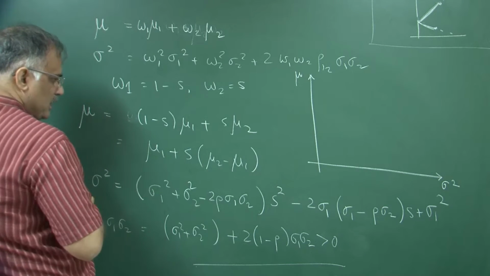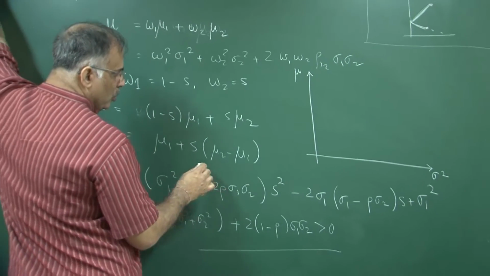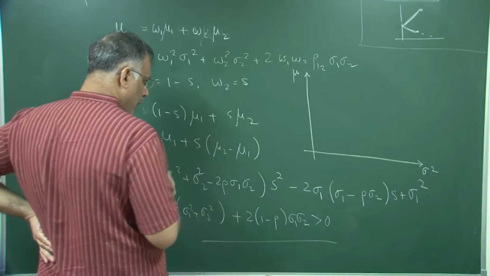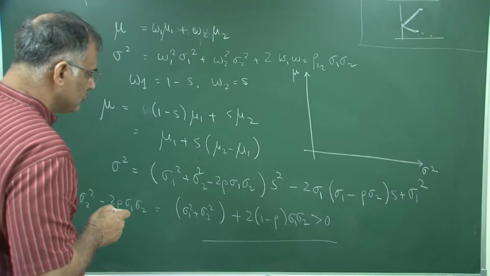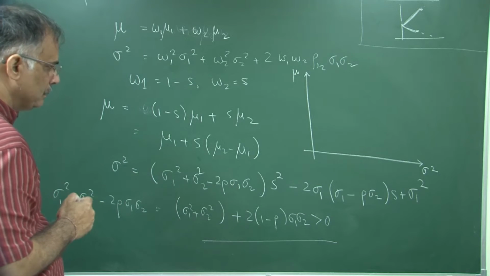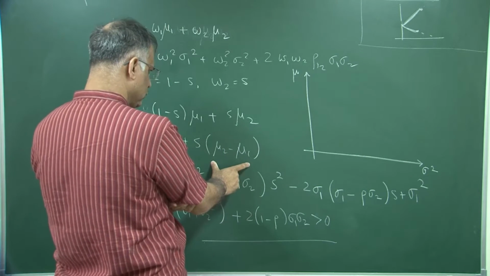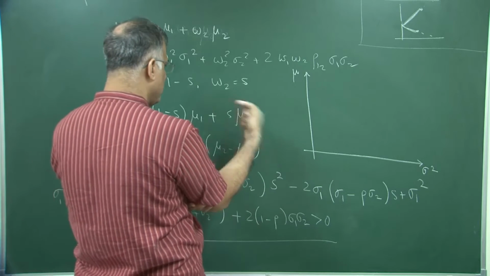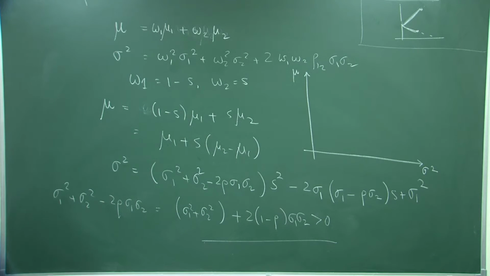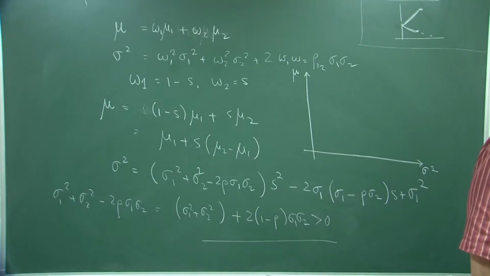So, what happens is that when mu increases, if S is positive, and let us consider mu1 and mu2 to be both positive for the time being, just for the time being, it need not be.